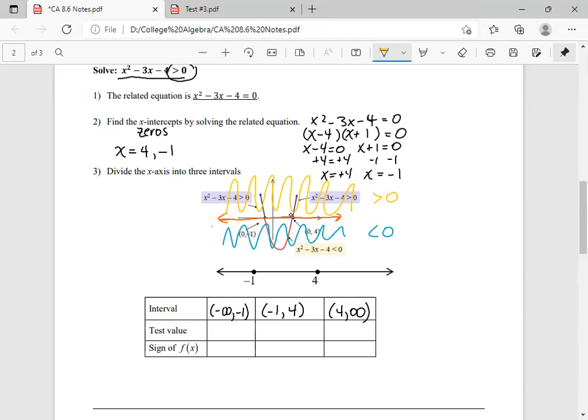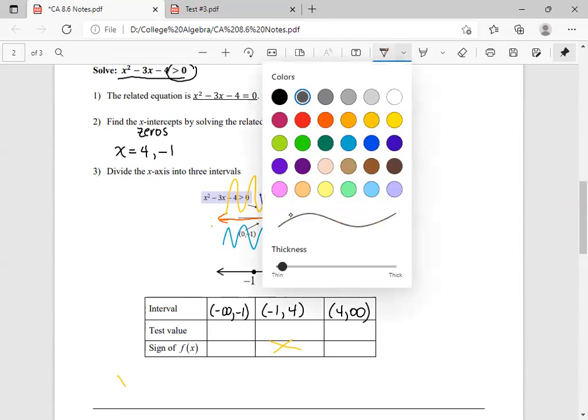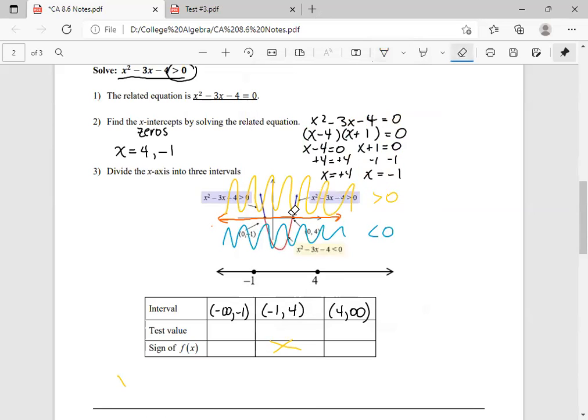I'm already going to commit to this right now that this part right here is a no. Let me rephrase that. I'm not looking for x's, I'm looking for y's. So let me erase this. I'm looking for parts of my graph that are greater than 0.